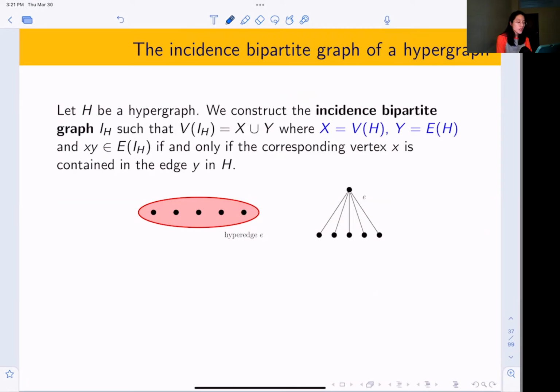So given a hypergraph H, I construct this incidence bigraph by giving every vertex in H a vertex in the incidence bipartite graph, but also giving every edge in the hypergraph its own vertex. So this gives me a bipartition into the vertices and the edges of the hypergraph.